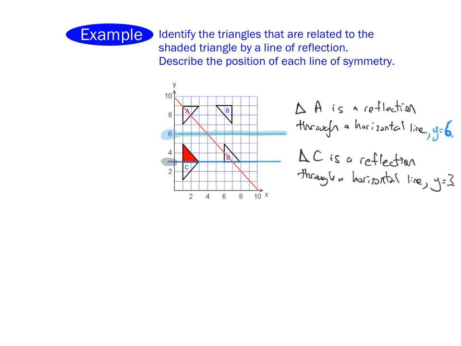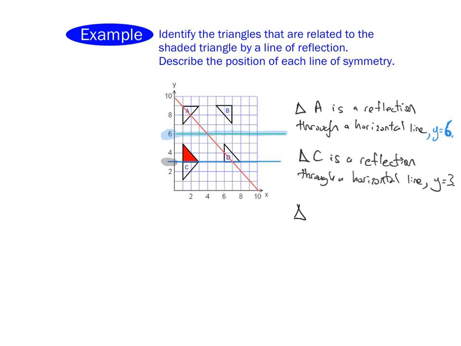This is not a horizontal line, it's not a vertical line either. We would call this a diagonal line. There are more technical terms, but we can just stick with diagonal line because it's easier to say and easier to think of. So if we reflect that red triangle through that diagonal line, it would give us triangle B.